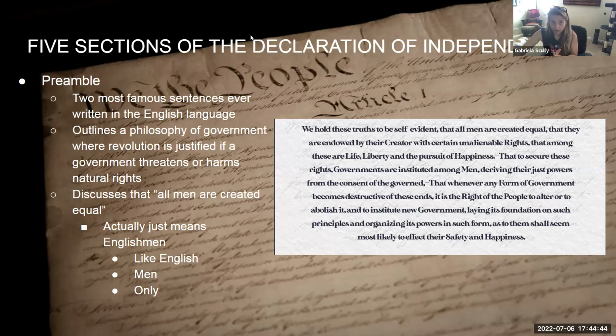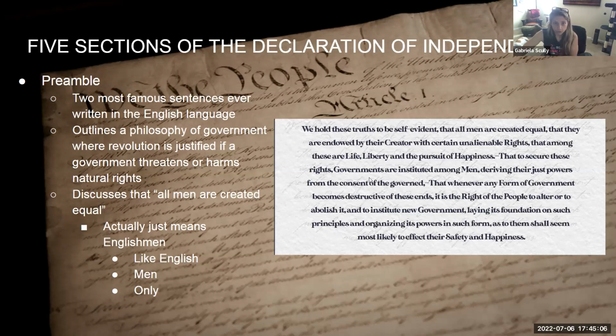And among these rights, not all the rights, but among these rights that we have, yes, it's only two sentences, are life, liberty, and the pursuit of happiness. All people, Englishmen, have the right to live a life. They have the right to freedom, to liberty, and they can pursue happiness, whatever that means to them, which is, again, not Locke's property.